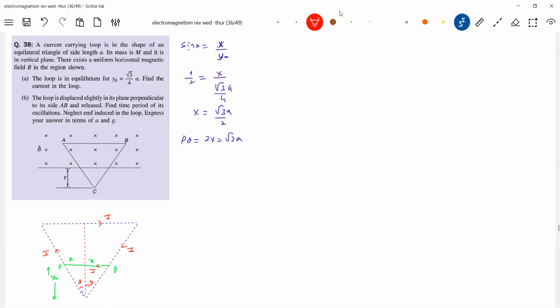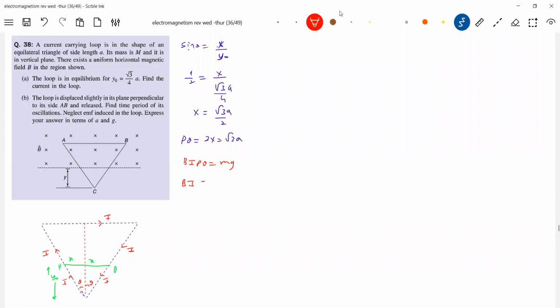Actually, there should not be any flow of current here. So shall I say that magnetic force, effective length PQ, BI into PQ should be equal to mg.